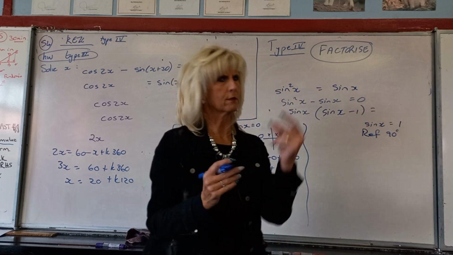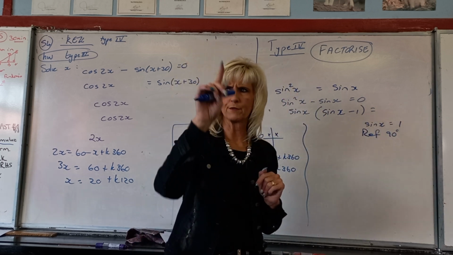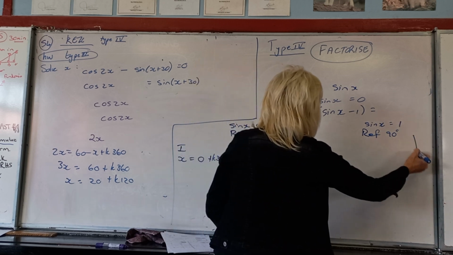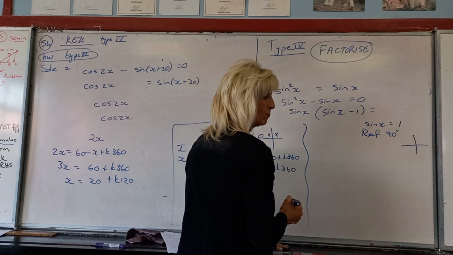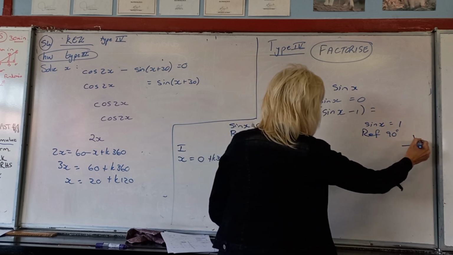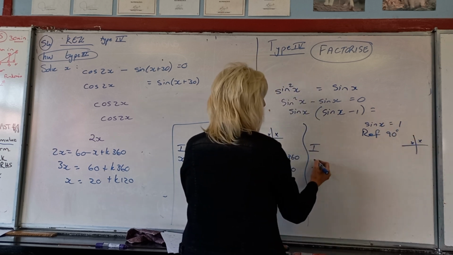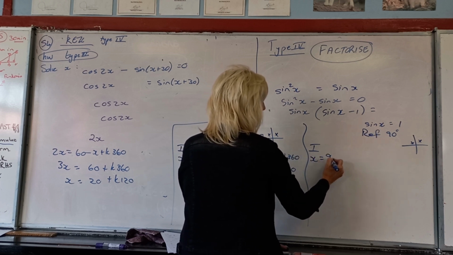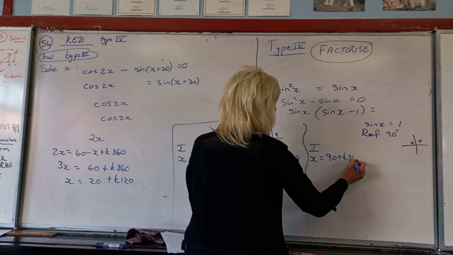How do I know that? Just like that, because I know my graphs. Right? Reference angle is 90 and I'm in the positive, first and second. Again, first quadrant the name is x and it's 90 plus k 360.